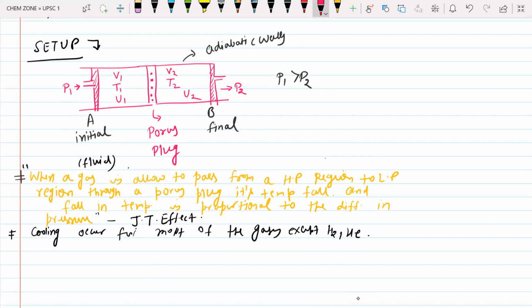So basically, this effect correlates how temperature changes when the pressure of a fluid is allowed to change.